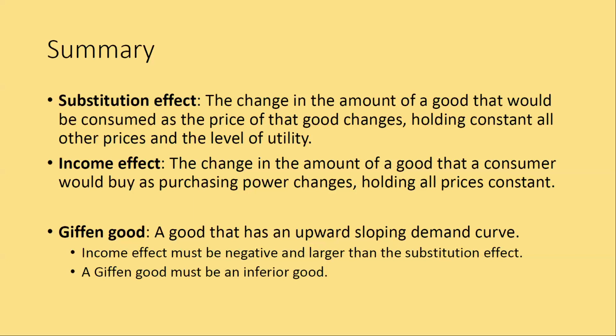The statement here, plainly speaking, is imprecise and incorrect. The income effect must be of the opposite sign of the substitution effect and larger than that for the good to possibly be a Giffen good. And the second one is correct. The Giffen good must be an inferior good. So let me type first what is correct over here, and I will make this change.